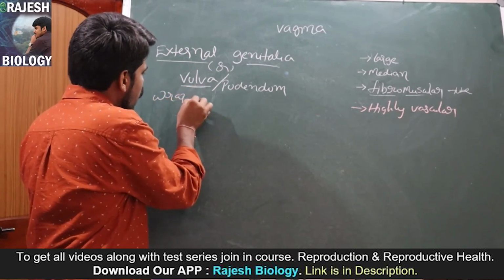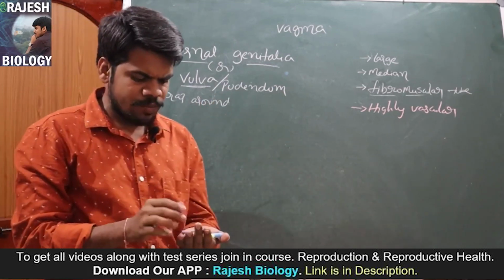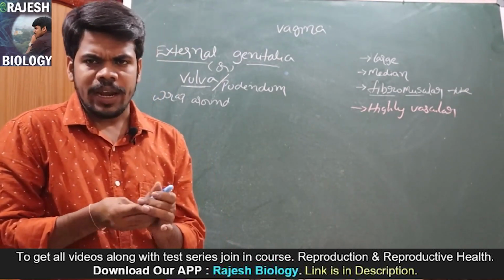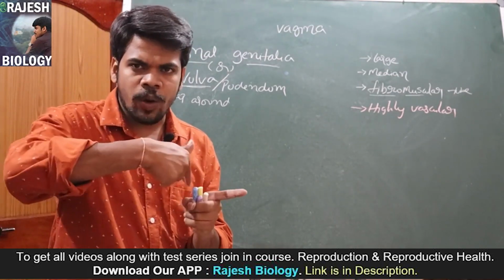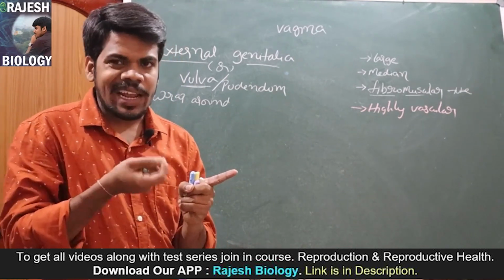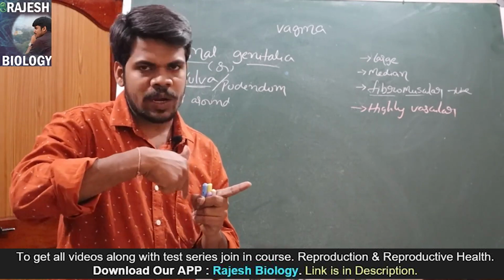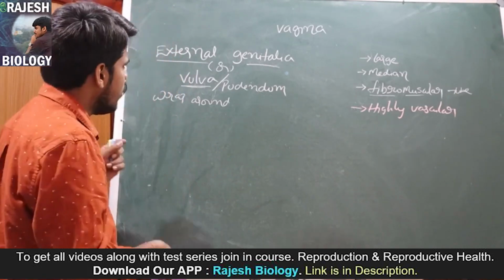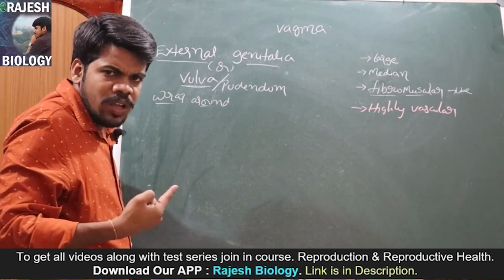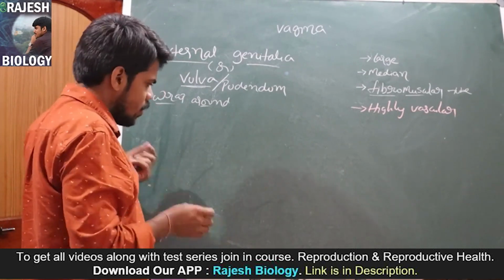For example, if I take five chalk pieces and keep a red paper around them, the paper wraps around the chalk pieces. Here vulva means wrap around; it is present around the vaginal orifice and urethral orifice.